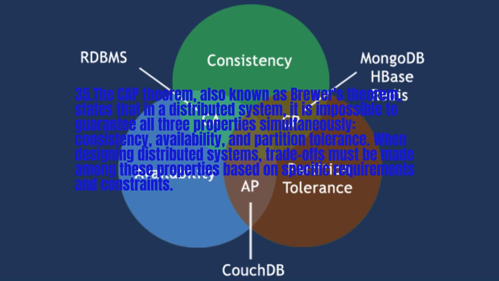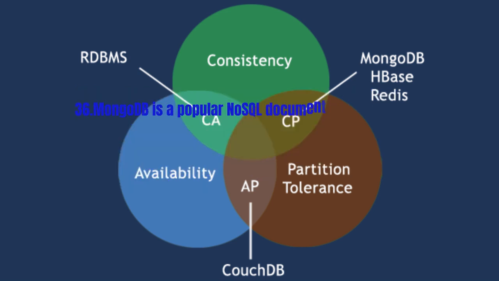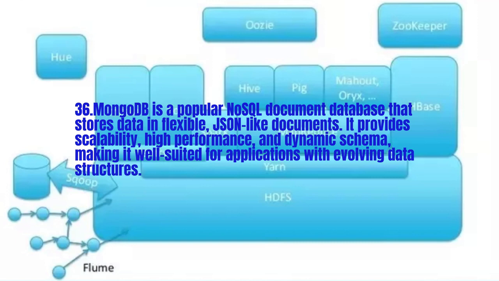Now, when you go to MongoDB, MongoDB is a popular NoSQL document database that stores data in flexible JSON-like documents. It provides scalability, high performance, and dynamic schema, making it well suited for applications with evolving data structure.